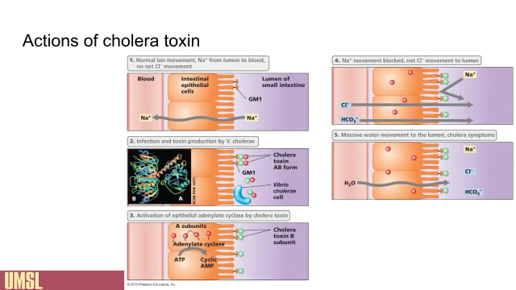Overproduction of cyclic AMP results in secretion of chloride anions, carbonate anions, and disrupts sodium transport across these epithelial cells. One of the net results of this is both active and passive transport of water, moving all these anions and not allowing cation transport.